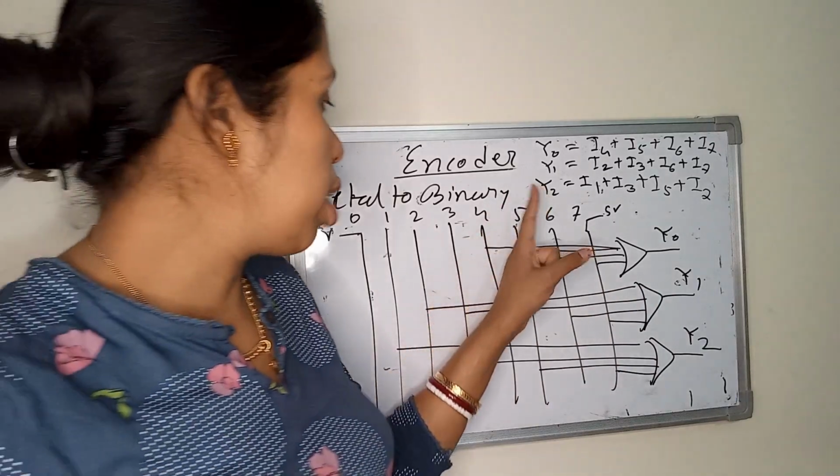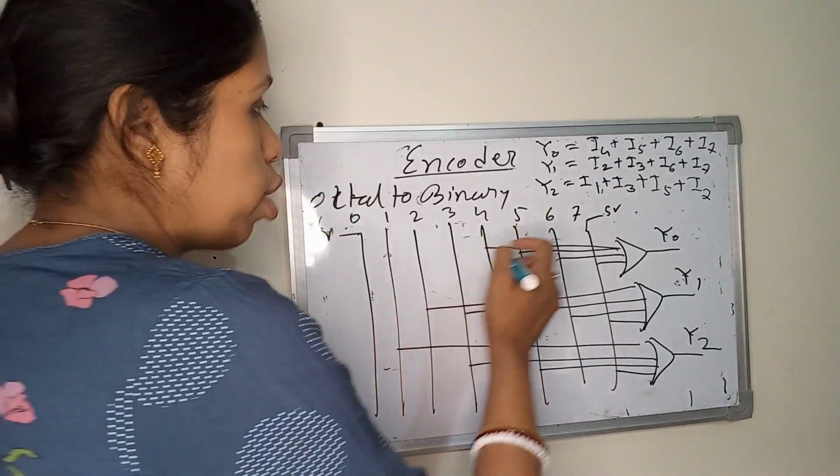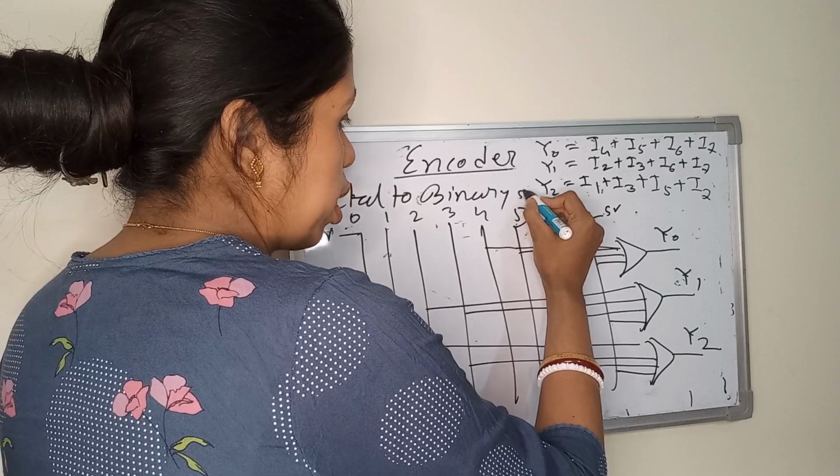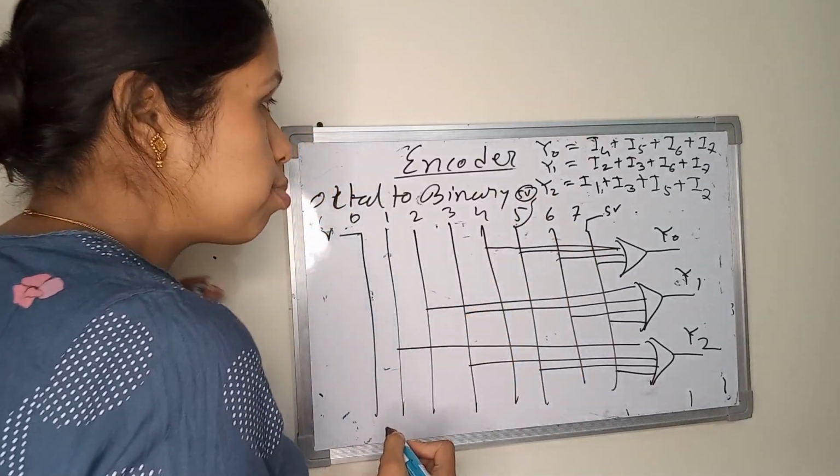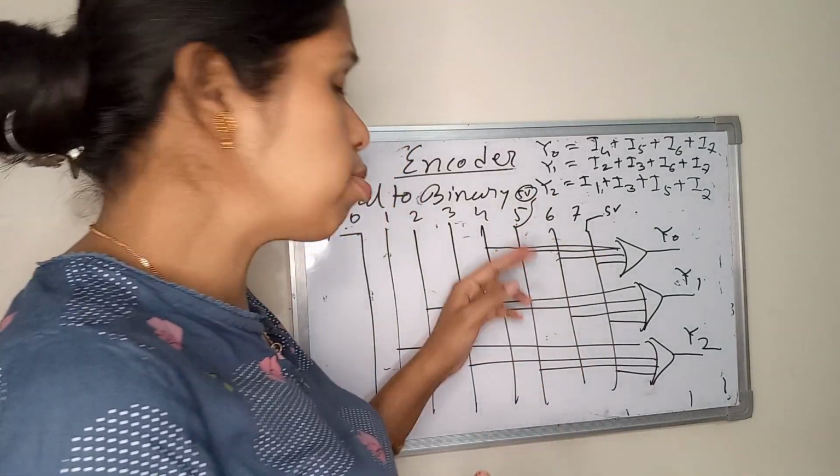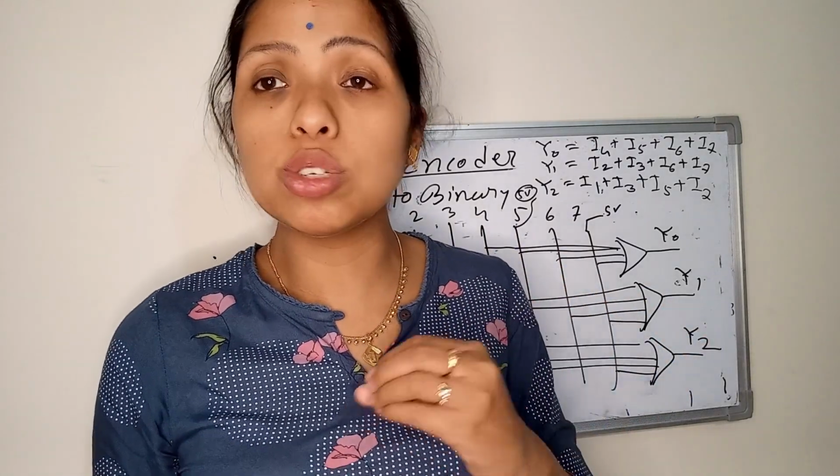One more question, suppose 5. I want to send 5, so I5 should be connected with the 5 volt. What will be the output? You should get 1 0 1.